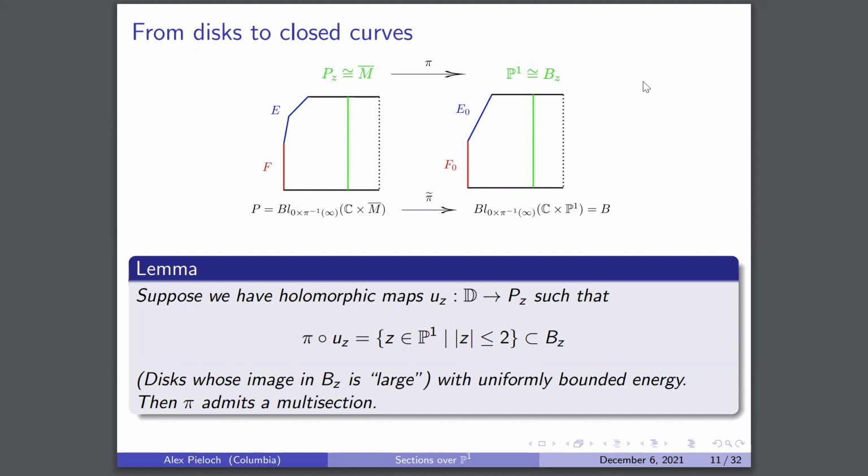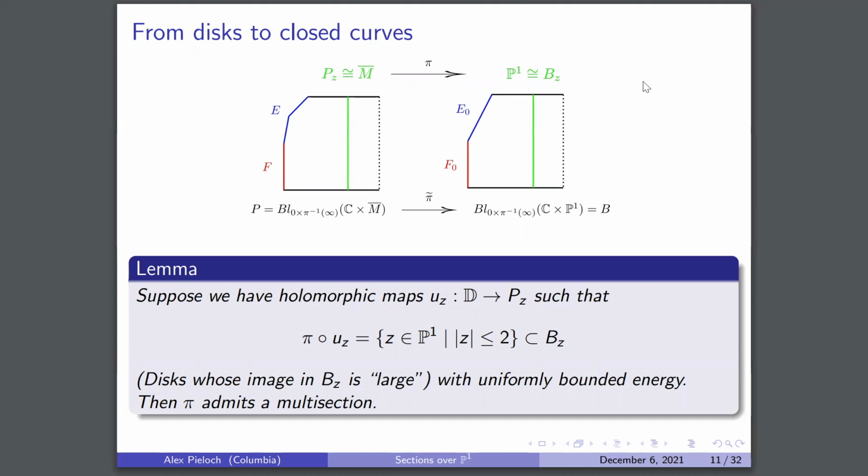So to be precise, I want the area of these disks inside of BZ to be larger than the area of the fiber F0. I want to be a little bit precise. So really, you should just think that these are some very, very large disks. And I want to assume that they have uniformly bounded energy. So if we have this setup, then we can construct our desired multi-section.